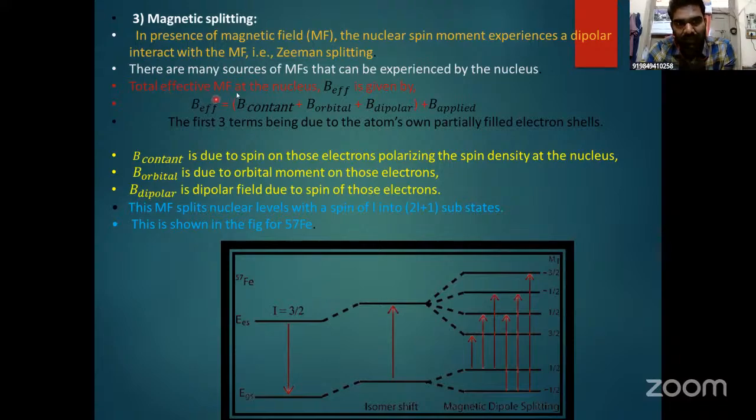Total effective magnetic field at the nucleus, that is B effective, is given by B effective equals B constant plus B orbital plus B dipolar plus B applied.